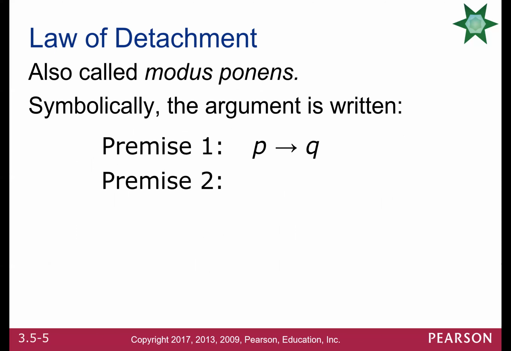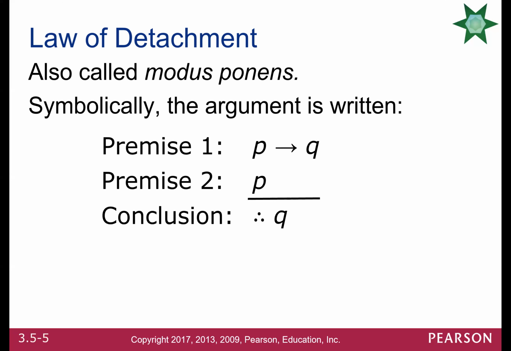The second premise is in the form of the statement P. The conclusion will be Q. So the way this is read is premise 1 is if P then Q. Premise 2 is P. The conclusion is Q. So we say if P then Q and P, therefore Q.